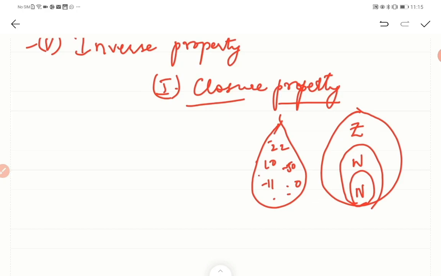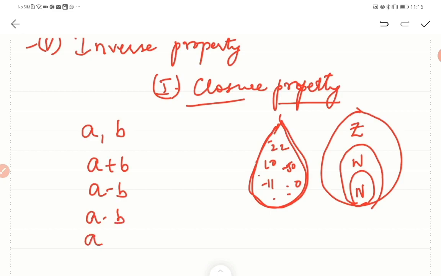So closure property, in this set, what it says is, let's take numbers A and B. Any operation you do, if you do A plus B, or A minus B, or A dot B, or A divided by B, the output you get, let us take it as C. This output number should belong to this set.